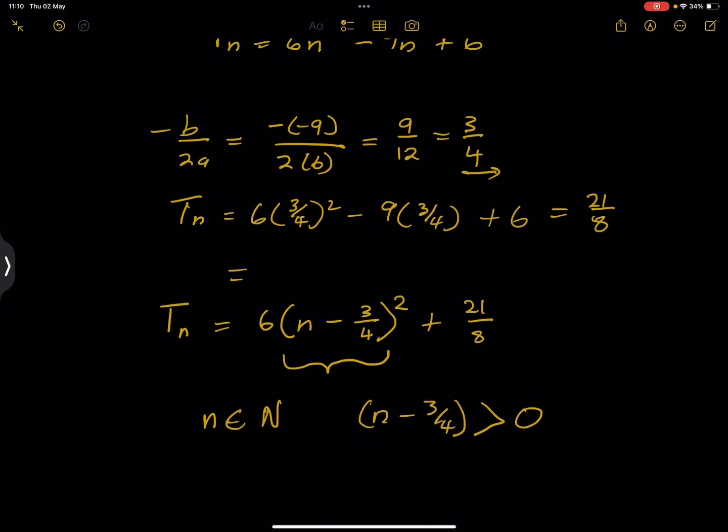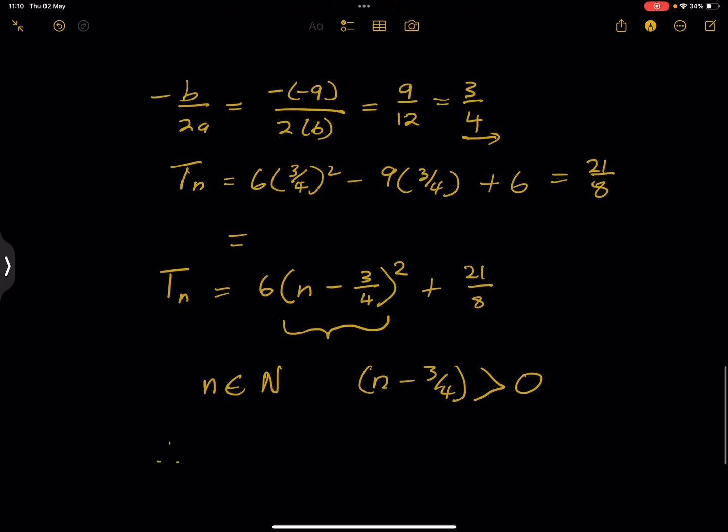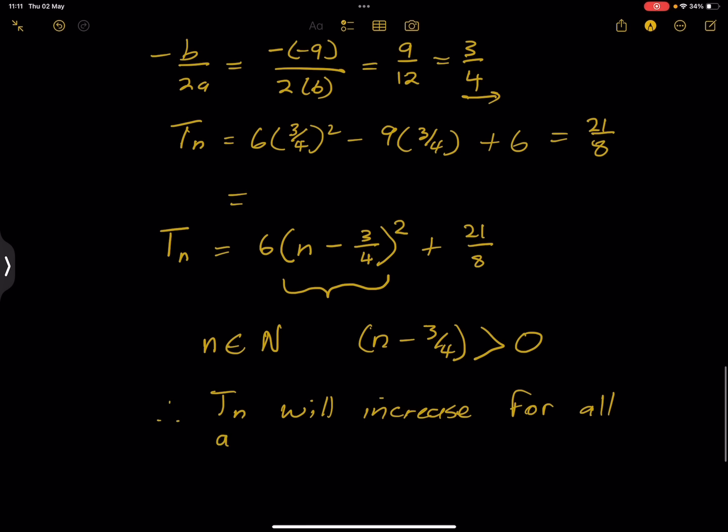So there is no subtraction here, so therefore Tn will increase for all values of n is an element of natural numbers, right? So for whatever natural number that I use there, I will always have an increasing function.